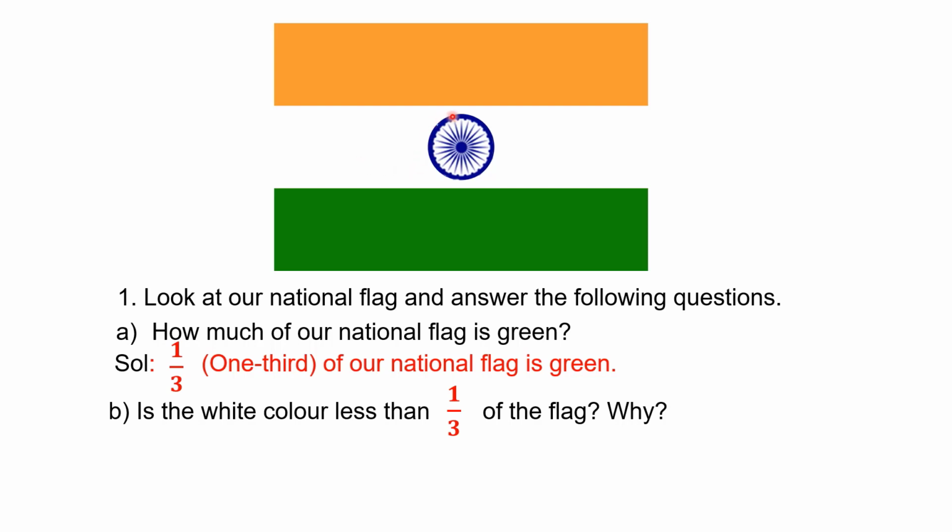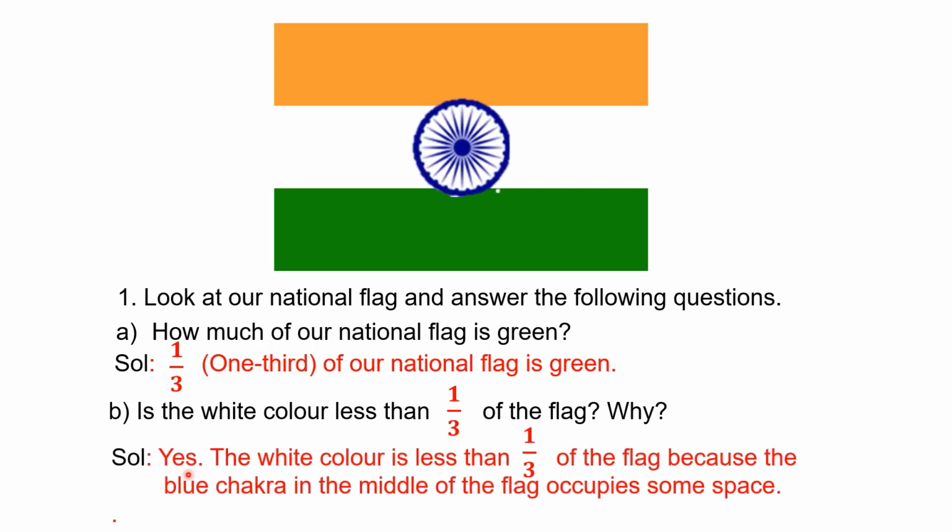This wheel occupies some space. So the white color is less than 1/3 of the flag. Yes, the white color is less than 1/3 of the flag because the blue chakra in the middle of the flag occupies some space.